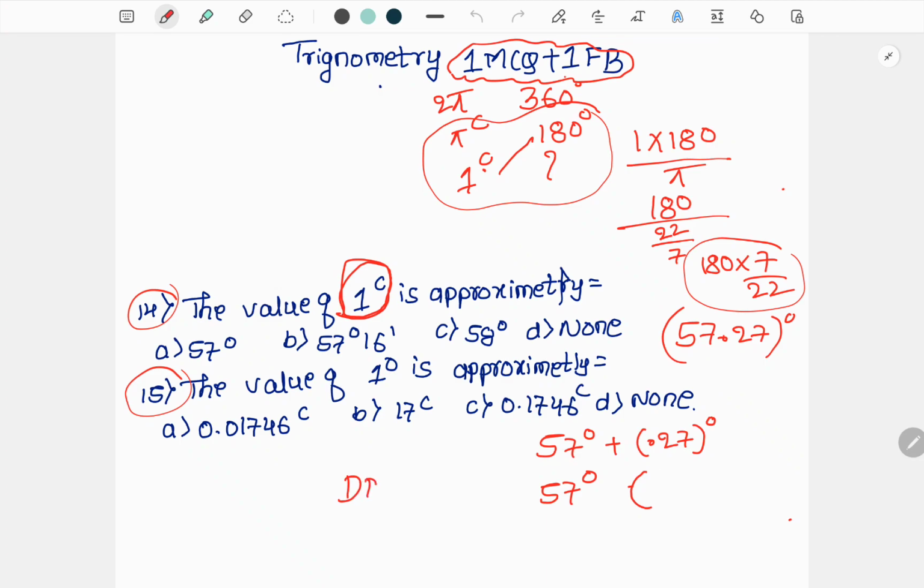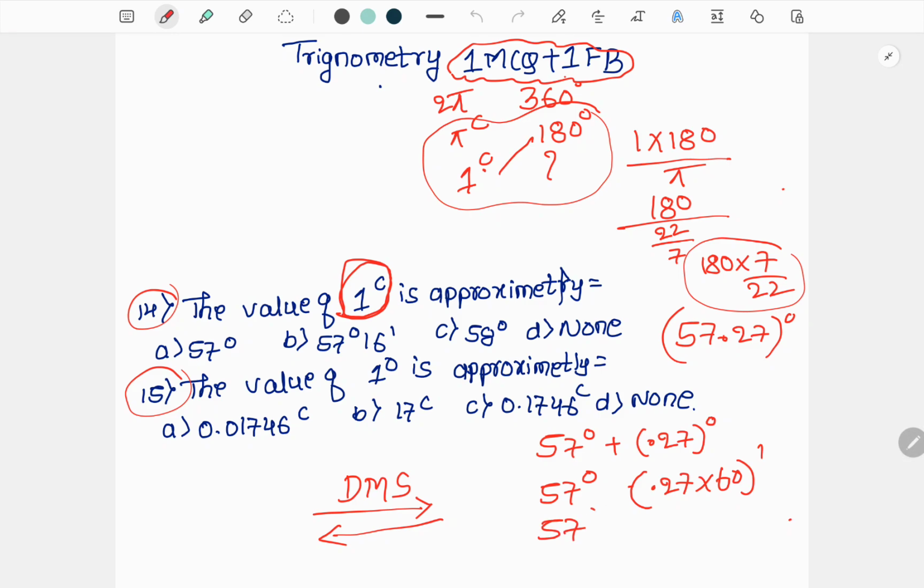So 57 degree, how to convert this degree into minutes? So we know DMS. If I go like this, multiply. If I come like this, divide. So now 0.27, degree to minutes, multiply with 60, converted into minutes. Now you will get the final answer. Understanding?